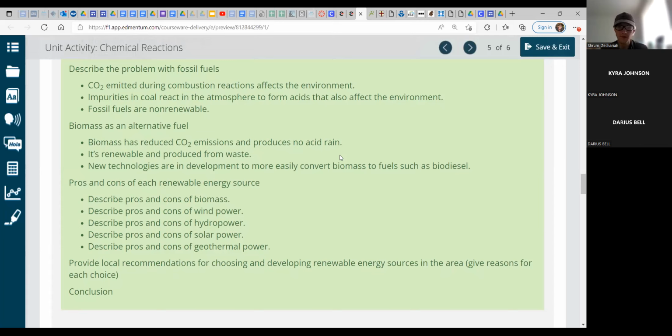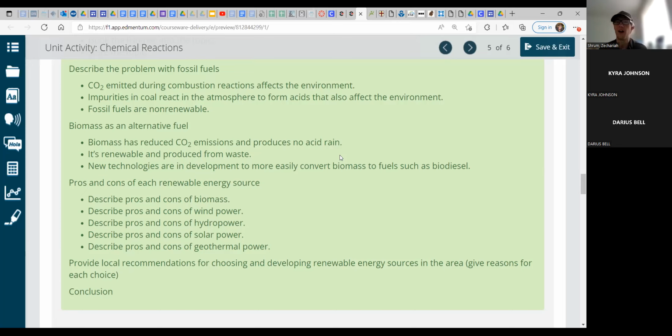Impurities in coal react in the atmosphere to form acids. That's where acid rain comes from. And then fossil fuels finally are non-renewable. So we have the CO2, we have the acid rain, and then we have the non-renewable nature of these fossil fuels.